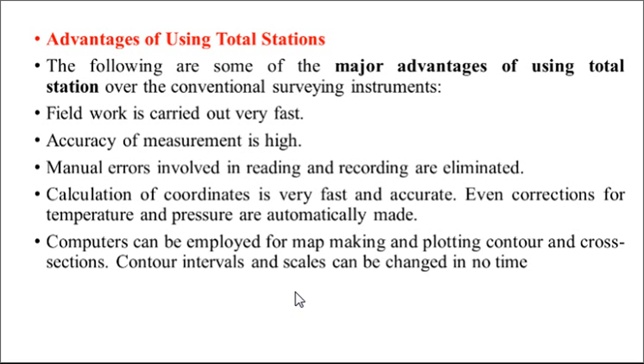A computer can be employed for map making and plotting contours and cross sections. Contour interval and scales can be changed within a short period of time. So if the data is supplied to the computer, by using different software we can plot the contour map or different maps of whatever area we have surveyed.